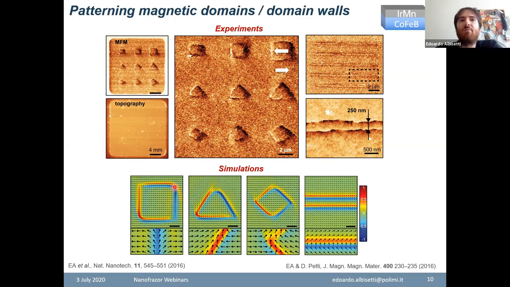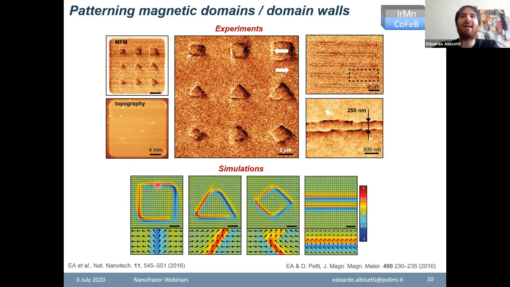You see that depending on the position, you have completely different spin structures within the domain wall. Here you have what is called a tail-to-tail domain wall, because basically the two domains have the magnetizations pointing in this direction. This is the tail and this is the other tail, so they point in this direction. Here you have a head-to-head domain wall, so they point like this.